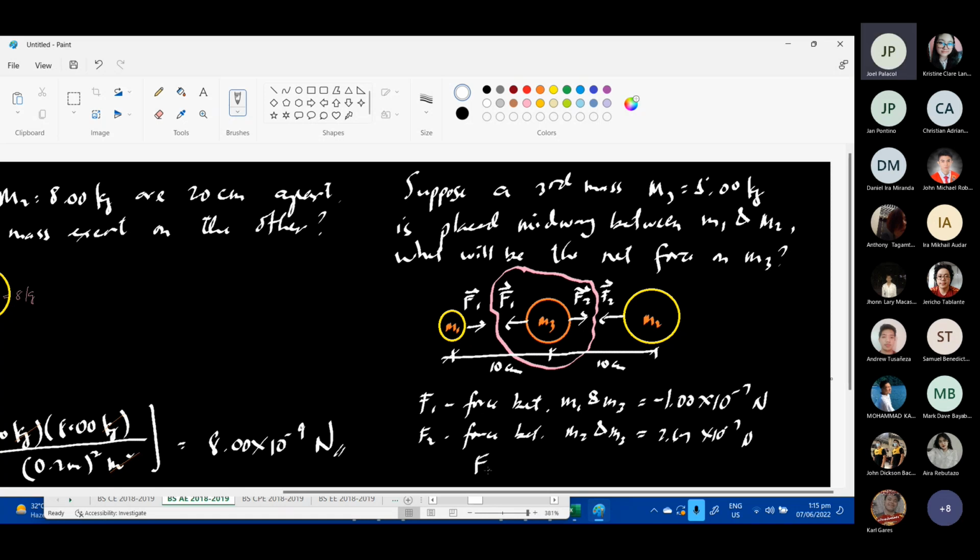So the net force on M3 will be equal to negative 1 plus 2.67 times 10 to the negative 7, or 1.67 times 10 to the negative 7 newtons positive, meaning it is directed towards M2. Clear?